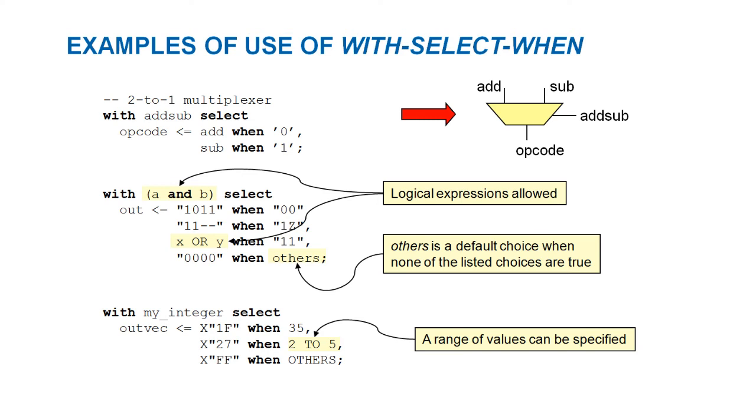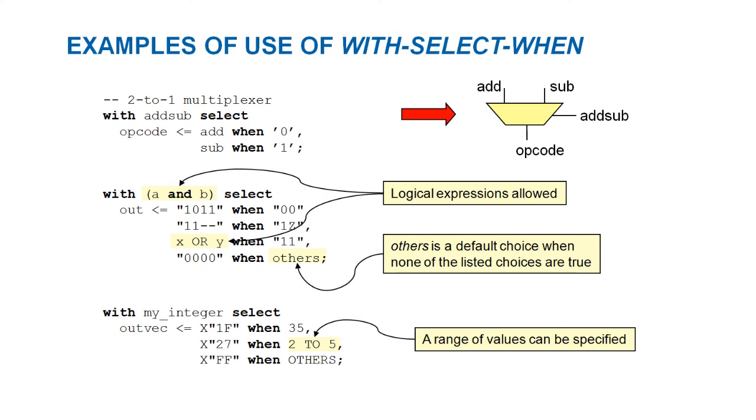We also have a construct here that says that we can have evaluation in the logical expressions, evaluations to the output. For example, we have X or Y. And if we look at the third example, with my integer select a particular value to the out vector. So if the integer has value 35, then we select 1F to the output. Otherwise, we continue.